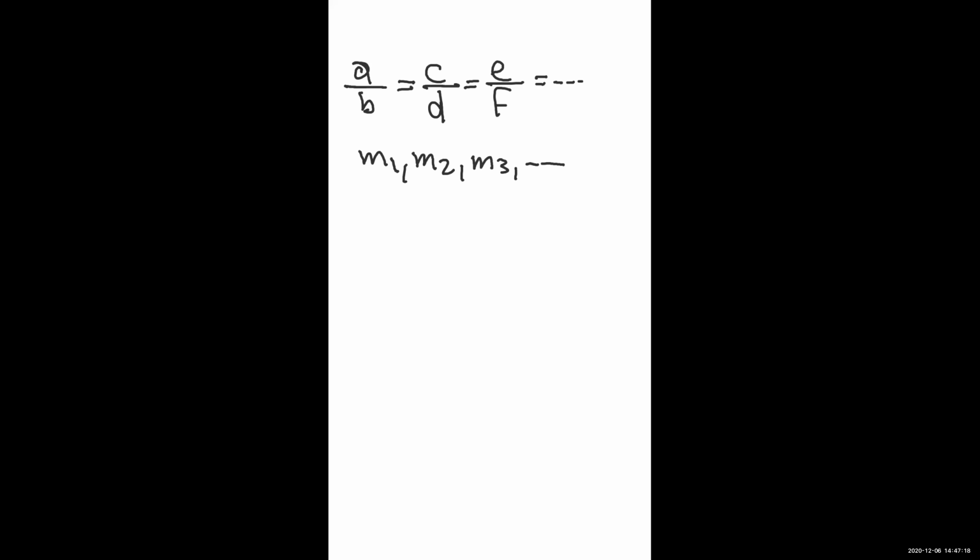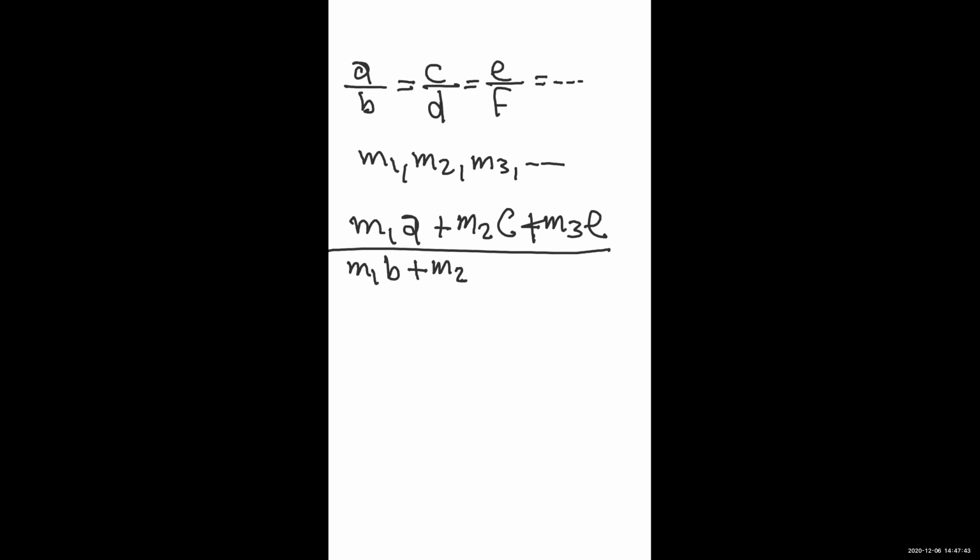So now, guys, M1 times A plus M2 times C plus M3 times E over M1 times B plus M2 times D plus M3 times F. Okay, actually in this case it will equal one of the given ratios.